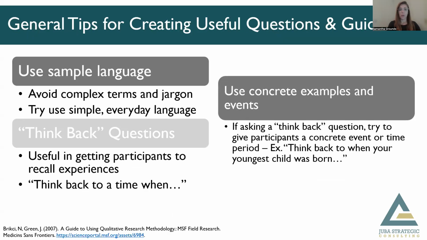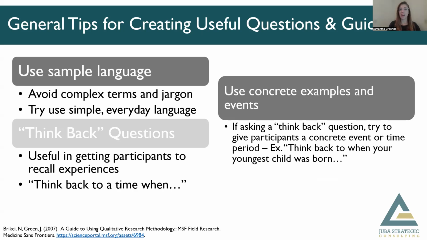Okay. So now we'll talk through some general tips for creating useful questions. So this is going into more specifics. If you want to come up with specific questions, here are some general tips and tricks that are often used. So one tip, there's a typo here, my apologies. This should say use simple language. So it's important to try to avoid complex terms and jargon as much as possible.